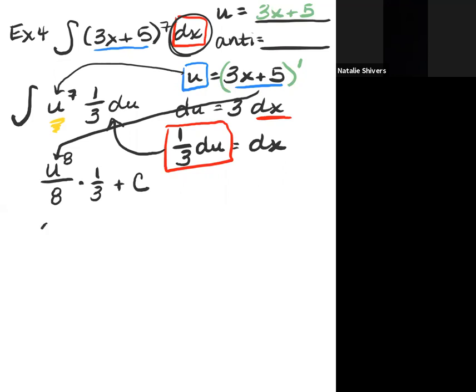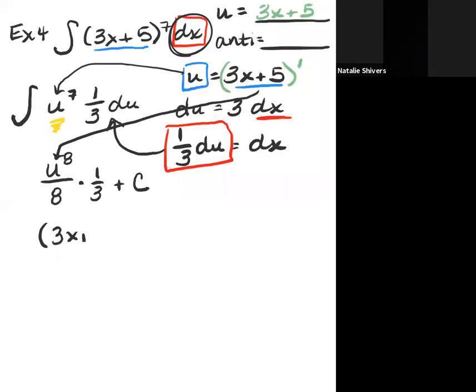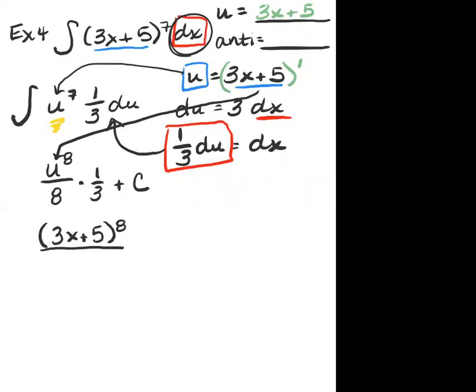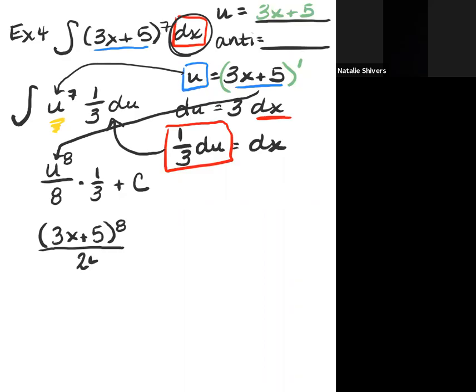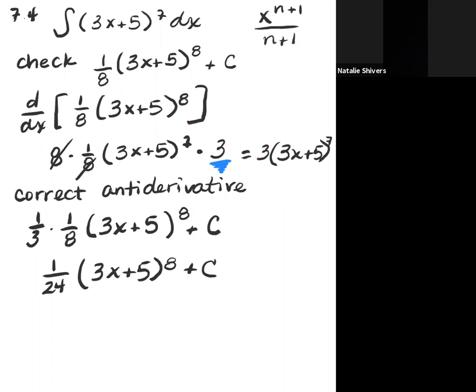So I get (3x+5)^8 over 24 plus c. If we look back at the last whiteboard, we will see that I got the same answer right here. So I get the same thing either way.